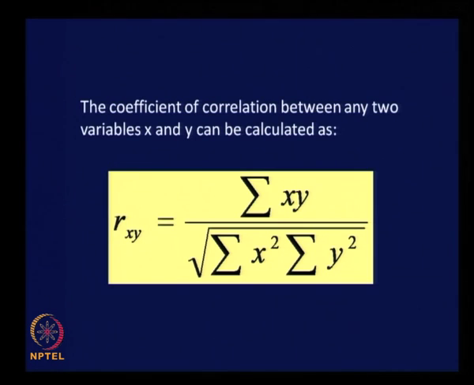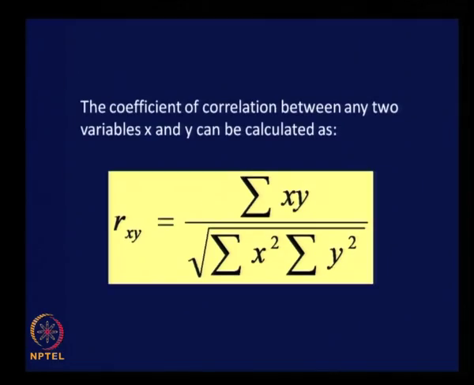On the same lines we calculate R12 in the previous case, taking x1 and x2 as the 2 variables. Is that clear?